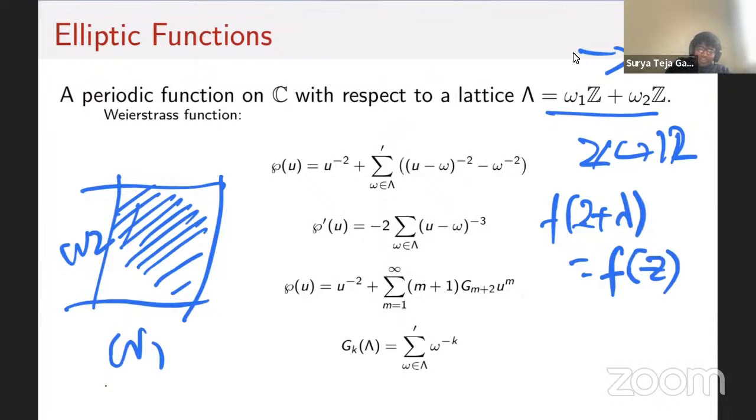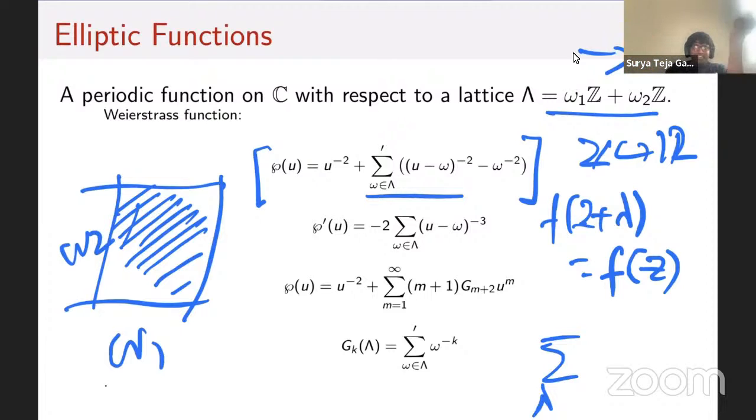By this idea of averaging that I talked about, you can just average over the action of the lattice and create these interesting functions.